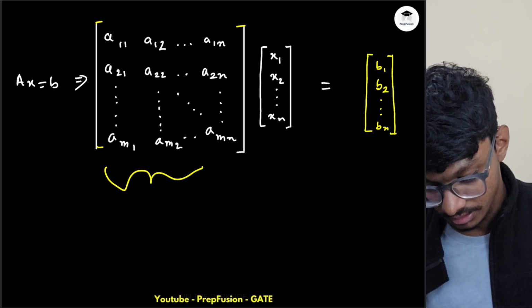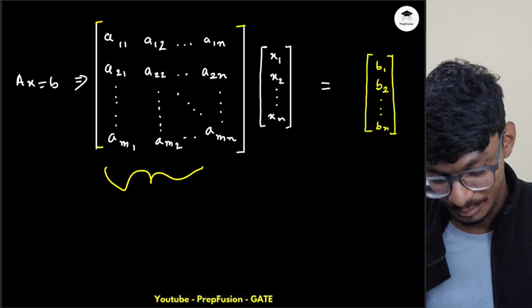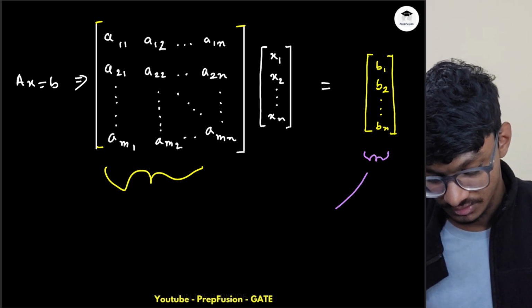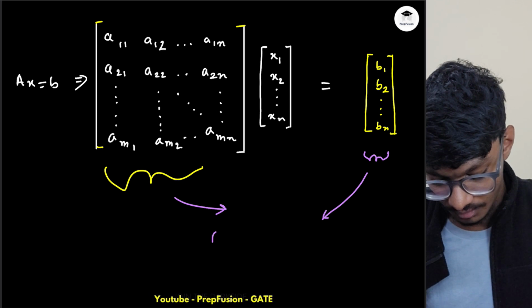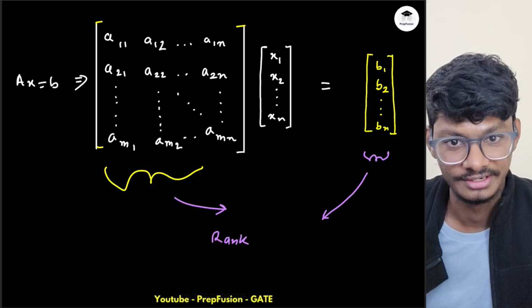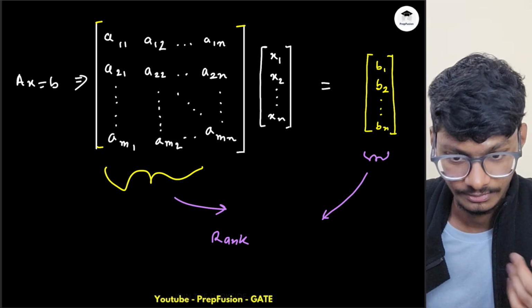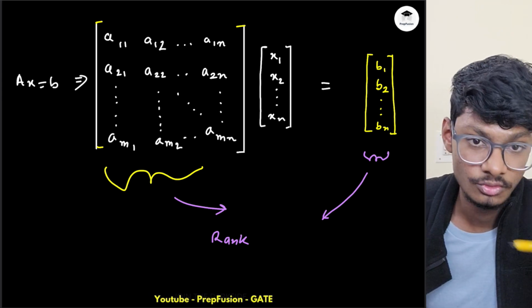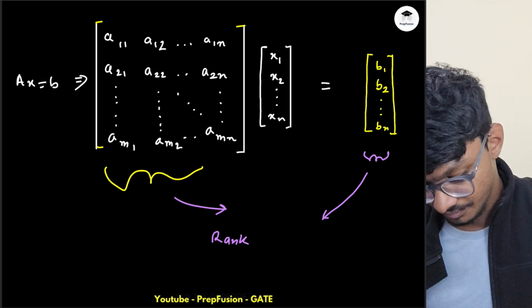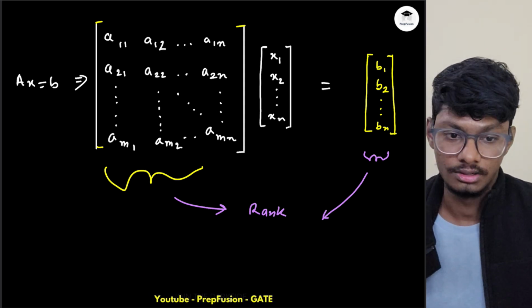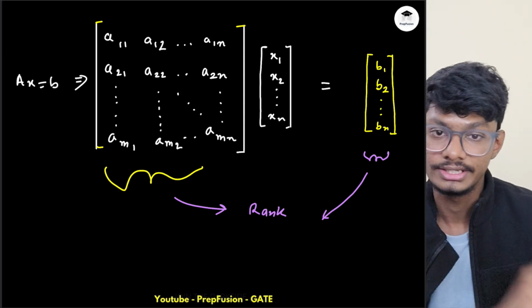But sir, what is rank? Obviously we'll learn this, don't worry. This is the main thing about this chapter, rank. And through rank we'll find the nature of the solutions of the systems of equations. So we find rank, and rank will help us identify the nature of the solutions.